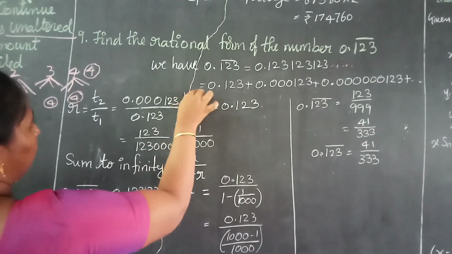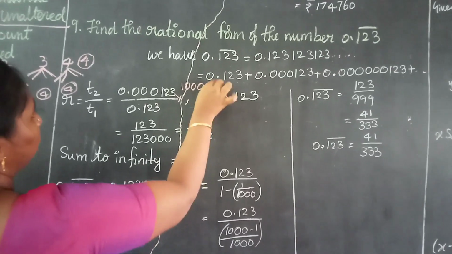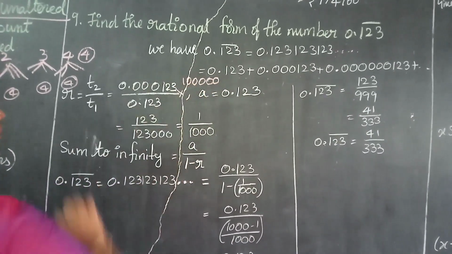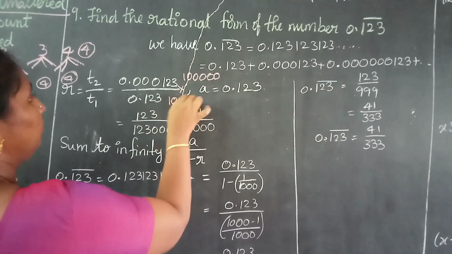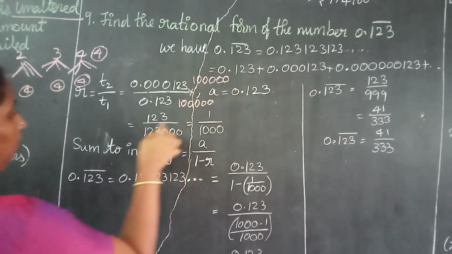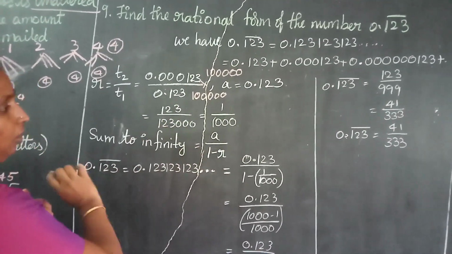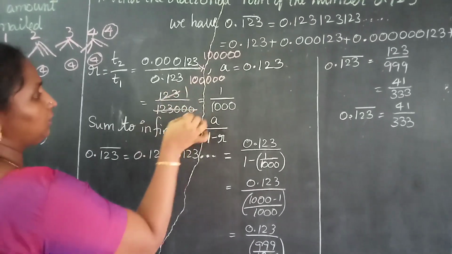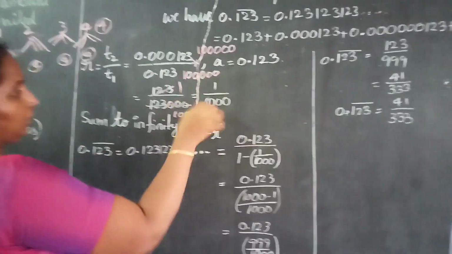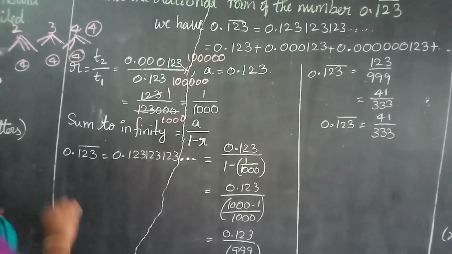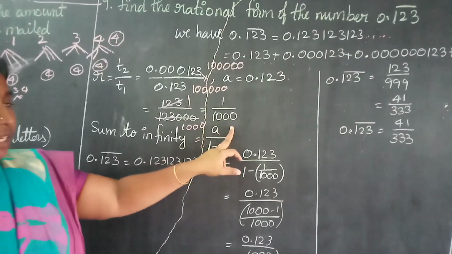Multiply by 1 lakh; the point will be removed, and you get 123 by 1,23,000. So 123 ones are 123, 123 thousands are 1,23,000. So we get 1 by 1000. Our R value is 1 by 1000.